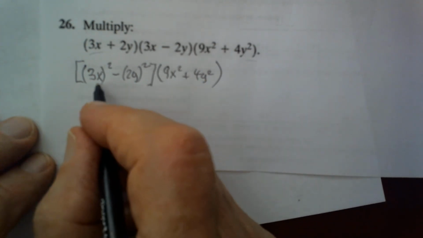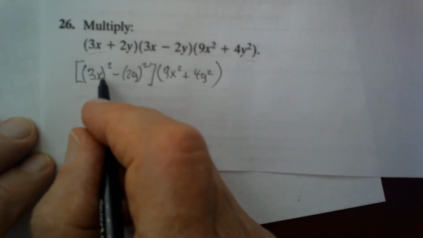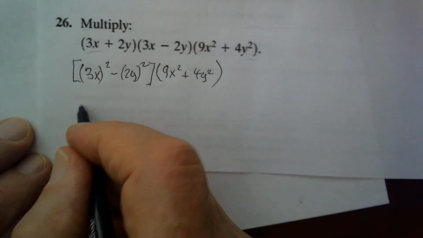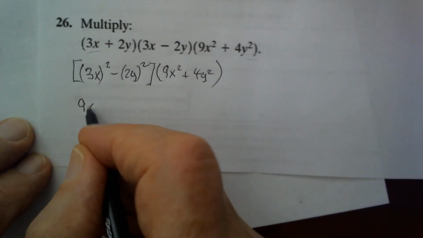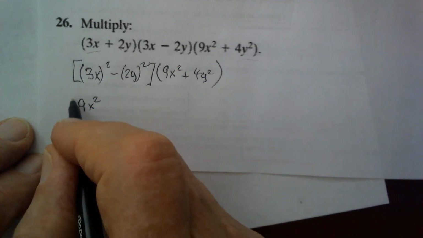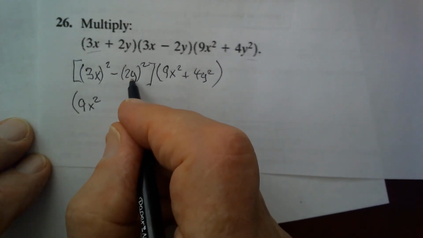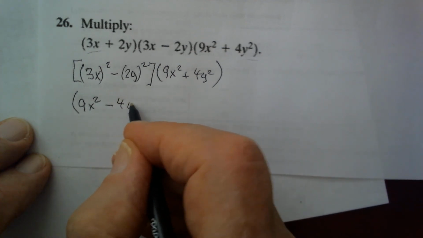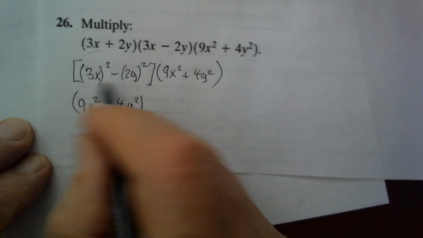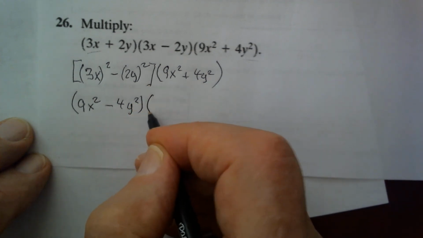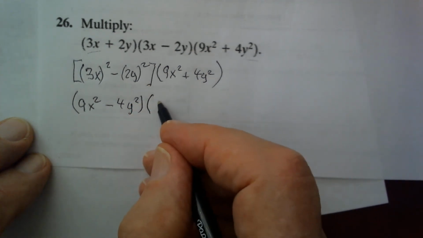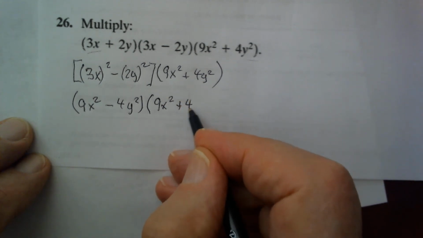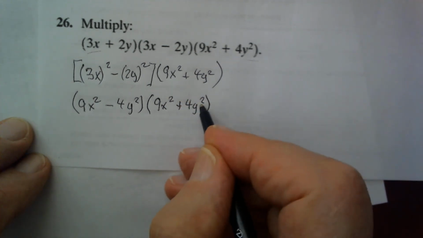Now, when we evaluate this part here, 3x squared means 3x times 3x would be 9x squared. And then 2y times 2y means minus 4y squared. So that comes from the expression in brackets, times the other polynomial, 9x squared plus 4y squared.